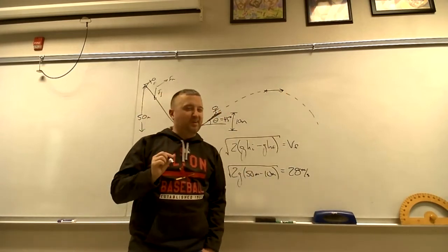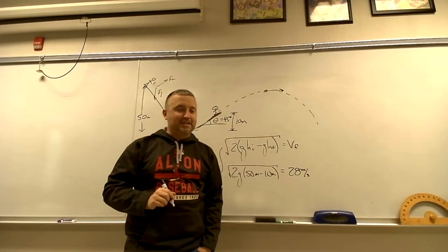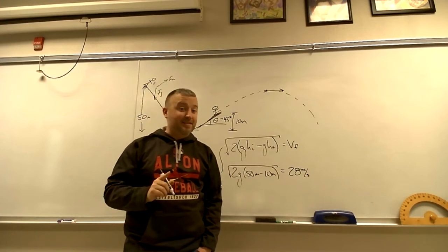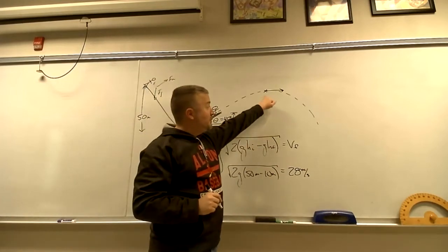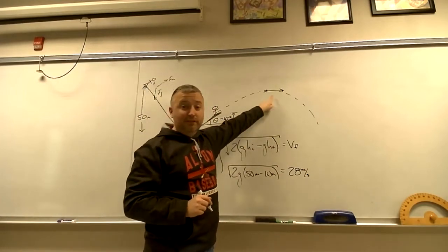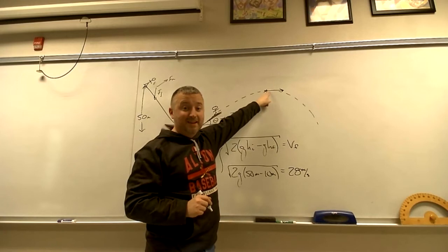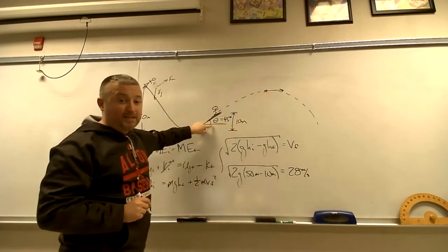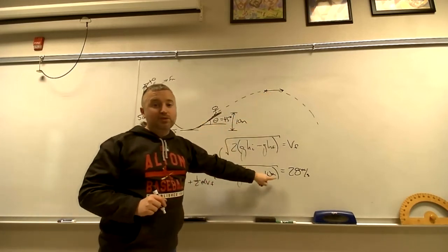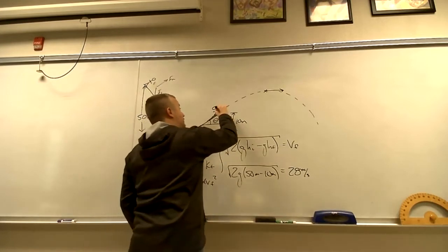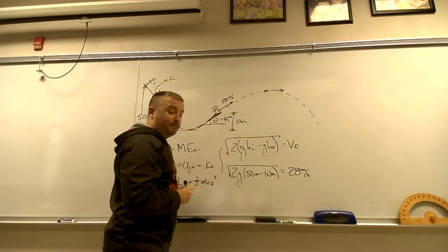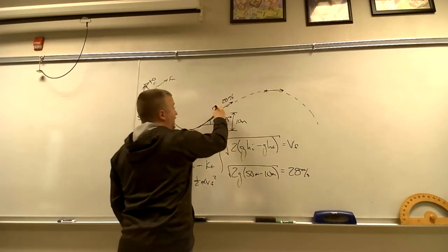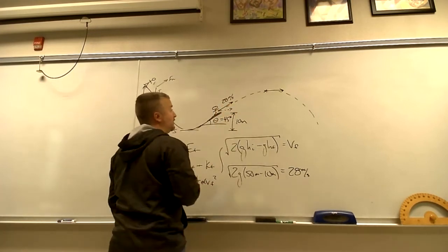So we have to do a little bit of 2D stuff, but actually it's not really that bad, because if you'll remember from 2D motion, if the only thing affecting the person is acceleration, then the velocity in the x stays constant. So if I come right back down here to the beginning and use the answer I just have, I know that the person leaves at 28 meters per second. I just need to figure out how much of that is horizontal.